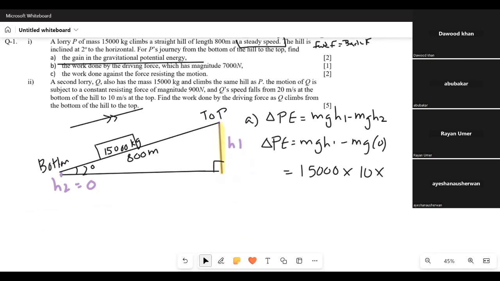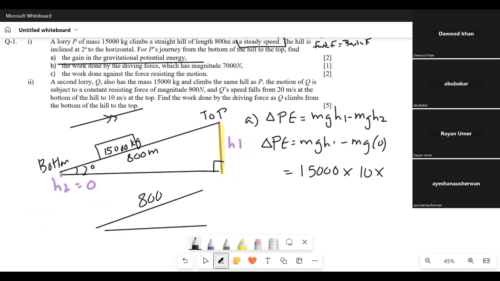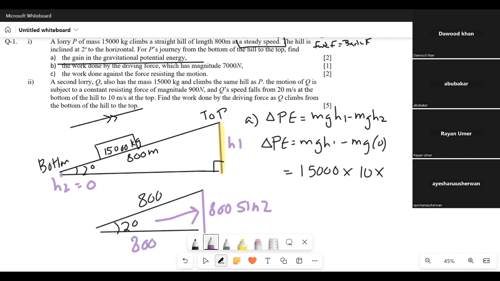We already know from mechanics that if this is 800, and this angle is 2 degrees, the opposite component is the sine component. So this will be 800 sine 2. And the adjacent component is the cos component, so 800 cos 2. So either directly see that the perpendicular height is going to be 800 sine 2.